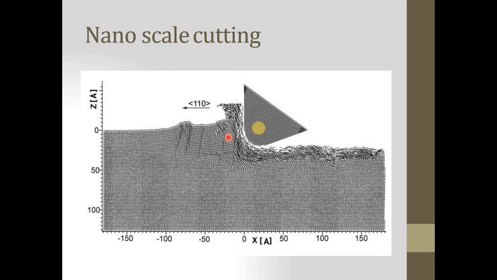So with the increase in the depth of cut, the portion of twin dislocation in chip formation increases, or dislocation slipping. Such twinned areas can be seen ahead of the tool tip. Look at this. This is ahead of the tool tip.